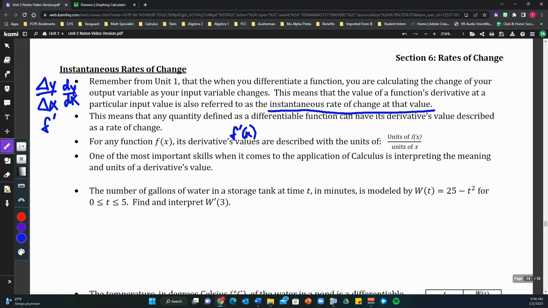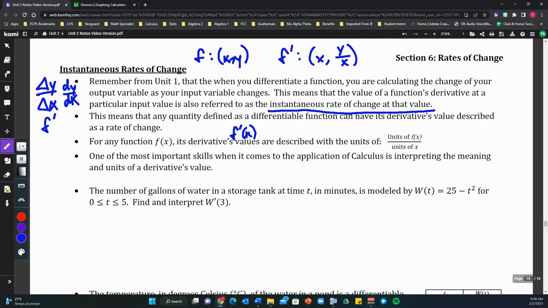One way to think of this would be if f has points x, y, then f prime has points x, y over x. So again, it's still referring to an x value on the original function, but then those output values are the y units divided by the x units.